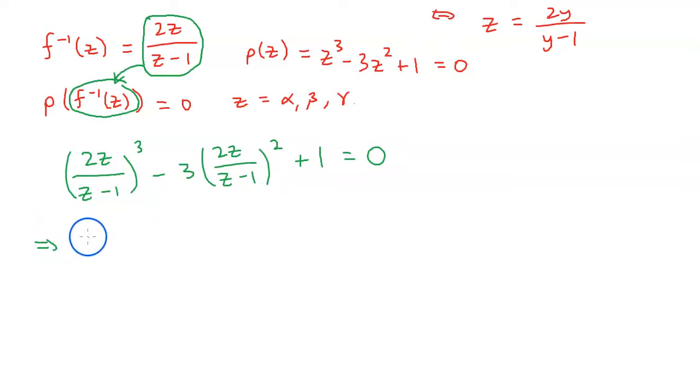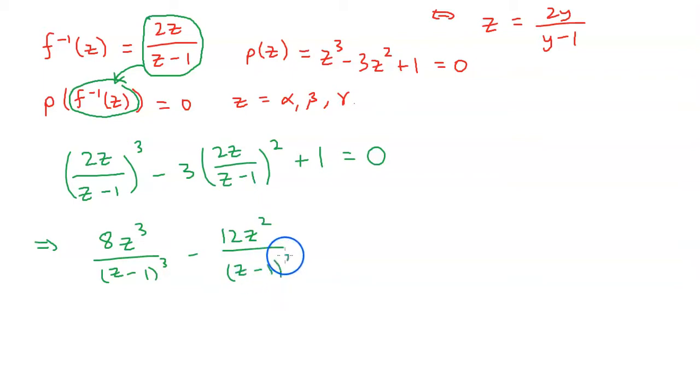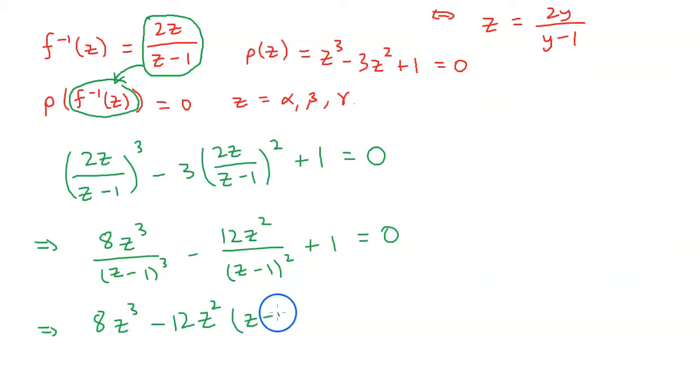So 8z cubed divided by z minus 1 cubed minus 3 times 4z squared, so 12z squared divided by z minus 1 squared plus 1 is equal to 0. And then from there we can multiply through by z minus 1 cubed. So we get 8z cubed minus 12z squared times z minus 1 plus z minus 1 cubed equals 0.